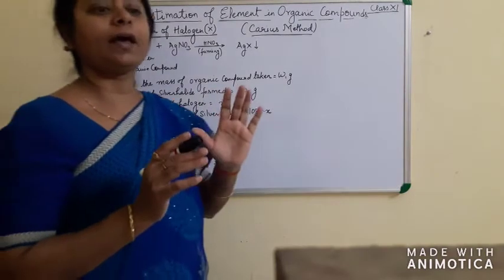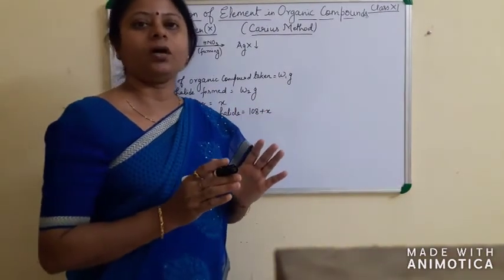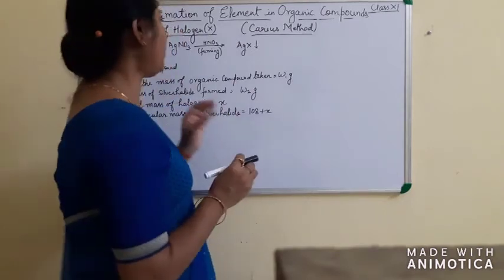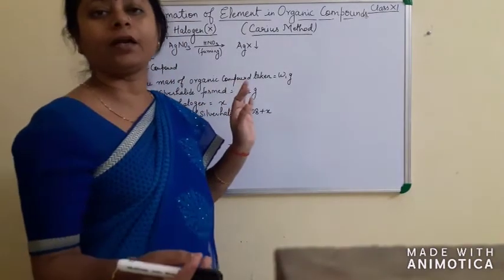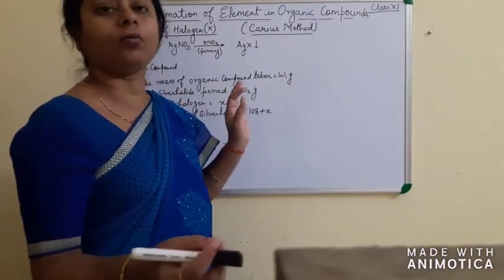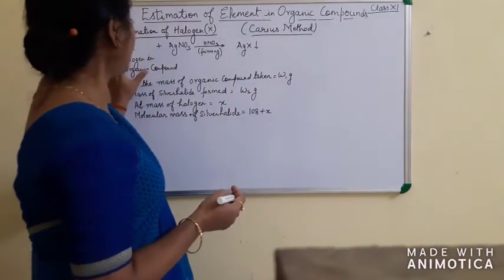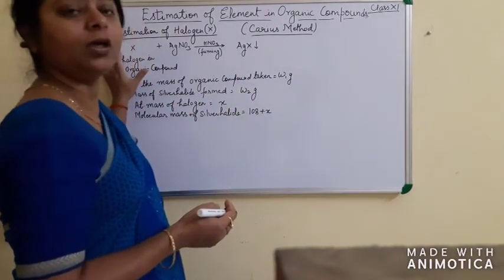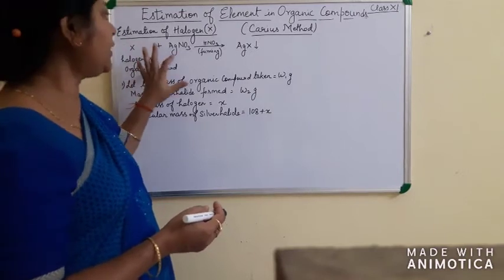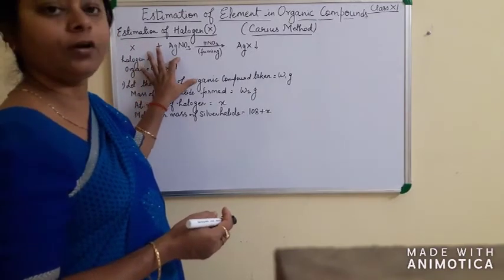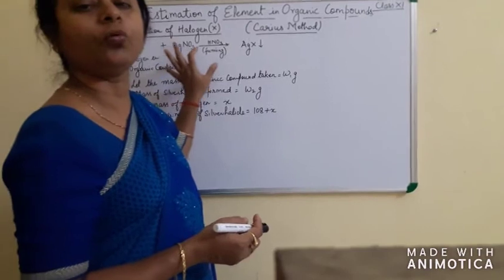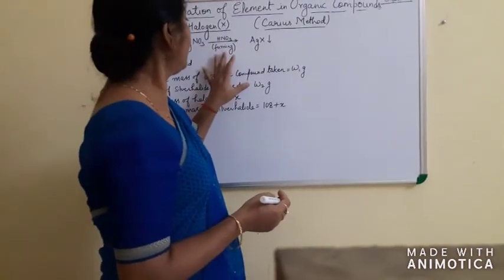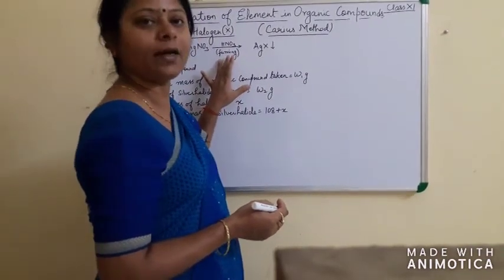We take a Carius tube and fill in it 0.2 to 0.3 gram of organic compound which contains the halogen, along with a little amount of silver nitrate, and in that tube we also place fuming nitric acid.